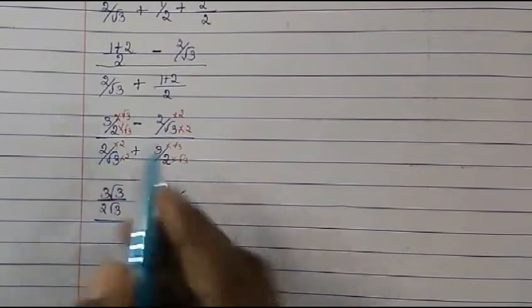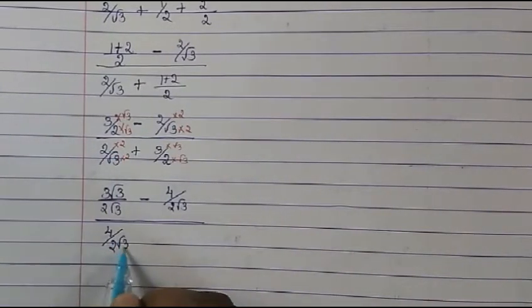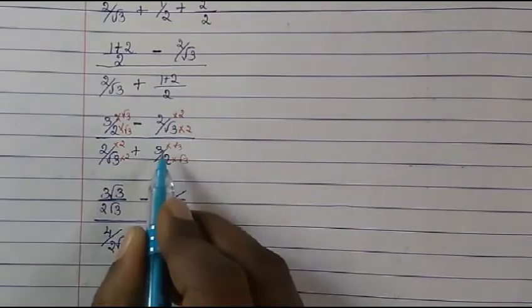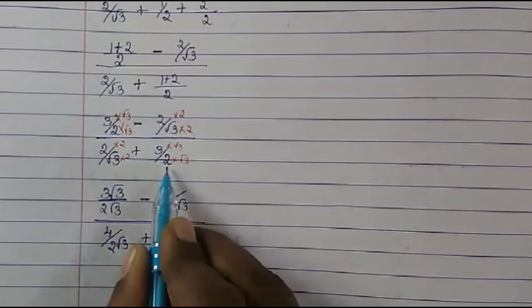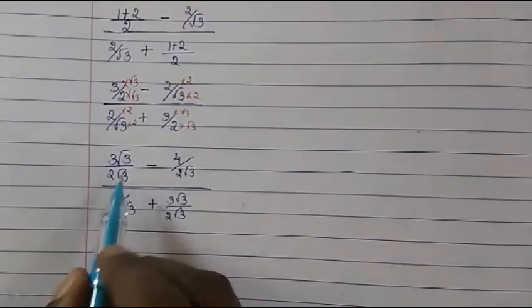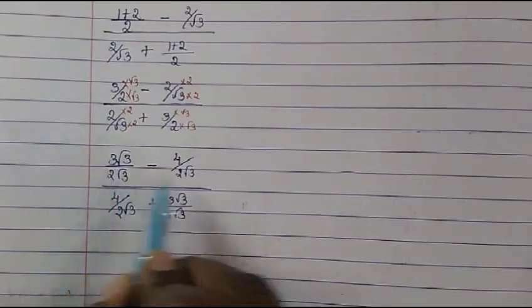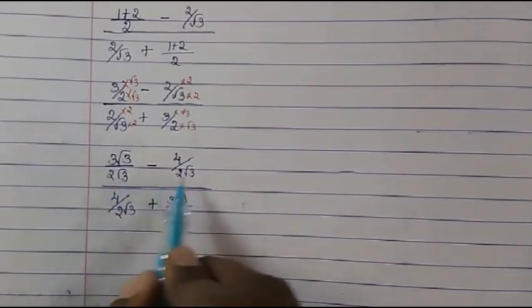Now here 2 2s are 4. Here 2 root 3 plus 3 root 3, 2 root 3. Okay. So now you see, here also 2 root 3, here also 2 root 3. So that means denominator is same. So we can write once.